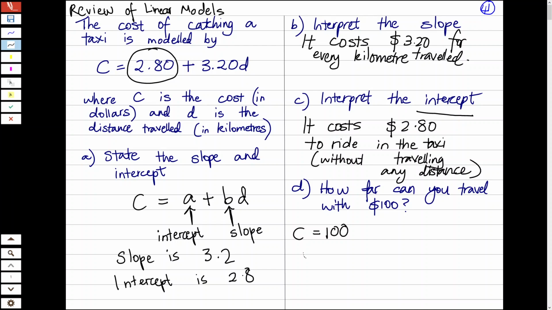Then I'm going to say I know what C is. C is 2.8 plus 3.2 times D. And then I'm going to set C equal to 100.